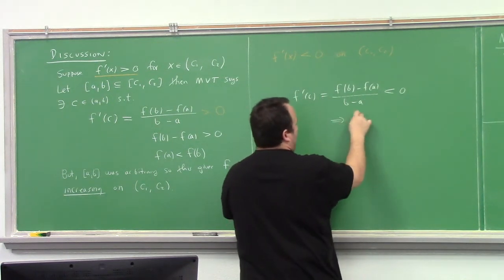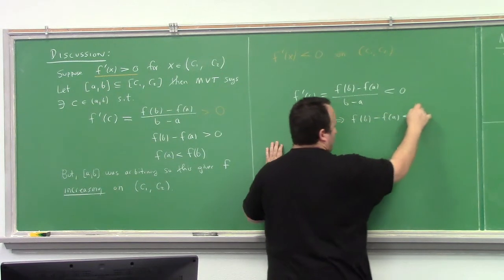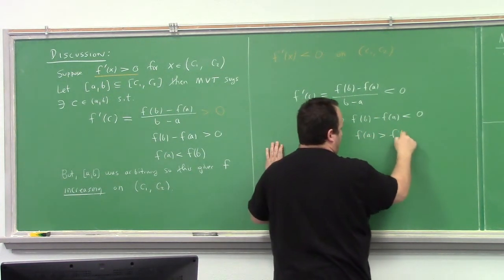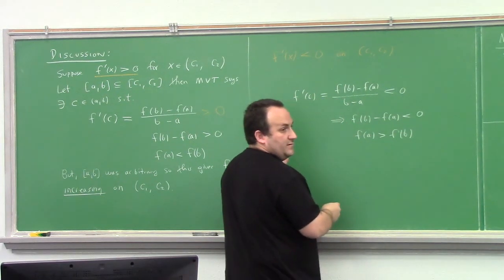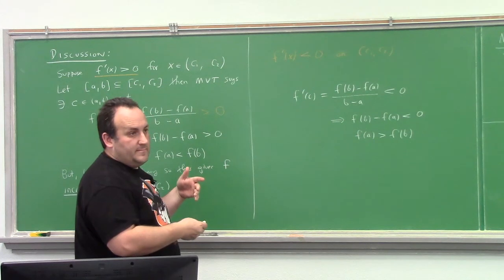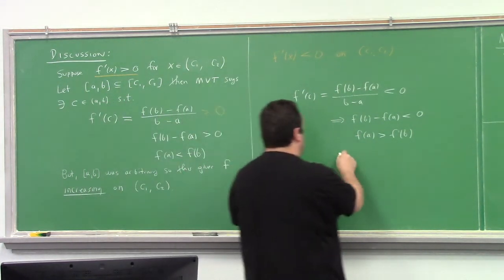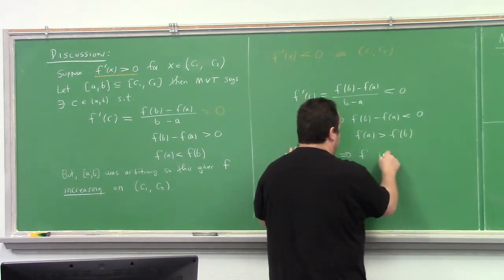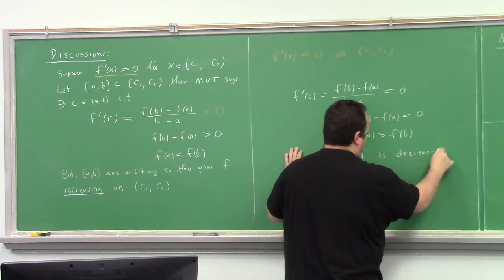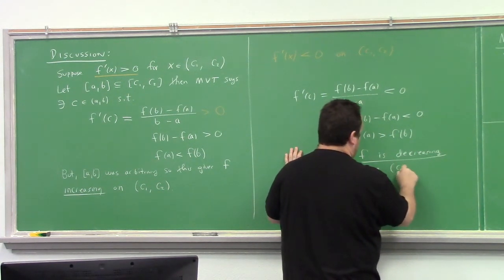Which implies that f of b minus f of a is less than 0, which implies that f of a is greater than f of b for all a and b, a less than b in the interval C1 to C2. So this would tell us that f is decreasing on C1 to C2.